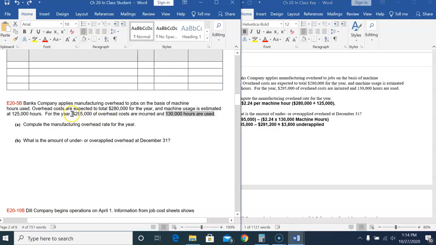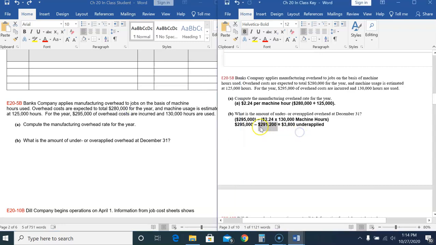Then, if we compare our actual overhead costs for the year to the amount that we applied for our estimate, actual overhead costs debited into manufacturing overhead were $295. The estimate credited into manufacturing overhead was $291.2.